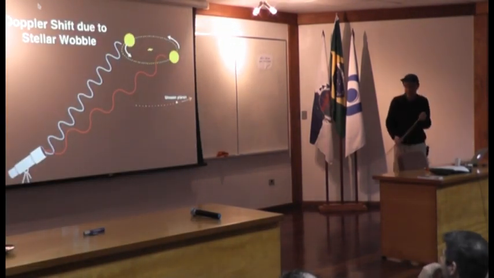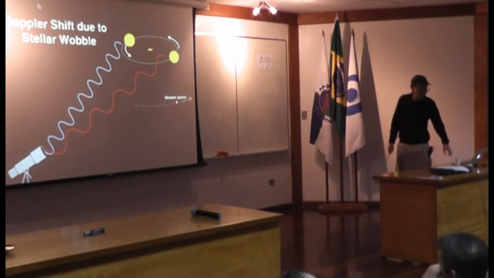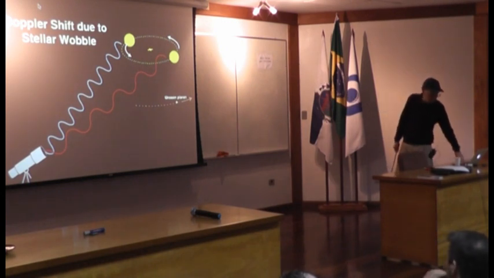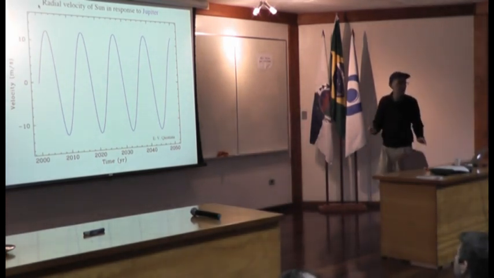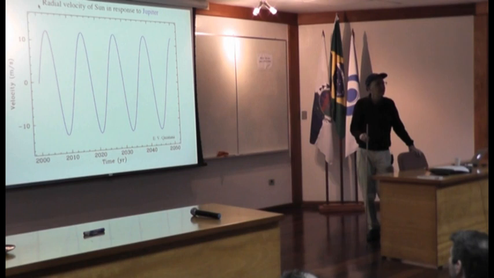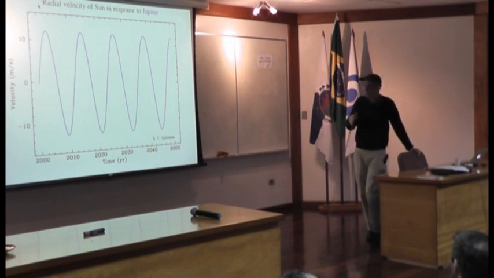Okay. Doppler shift: star moving away, redshift; star moving towards us, blueshift. These are theoretical curves that an observer would see in the plane of Jupiter's orbit. This is the radial velocity response of the sun relative to the pole of Jupiter.